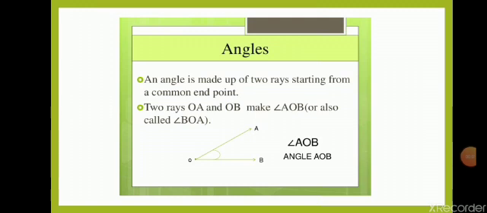Next topic is angles. What is an angle? When two lines intersect each other, they form an angle. An angle is made up of two rays starting from a common end point. Two rays OA and OB make angle AOB like this figure.